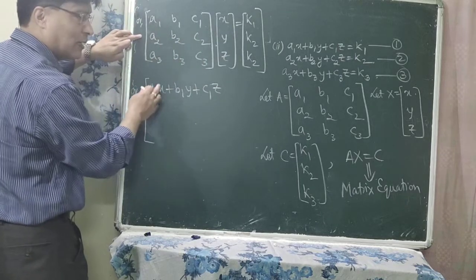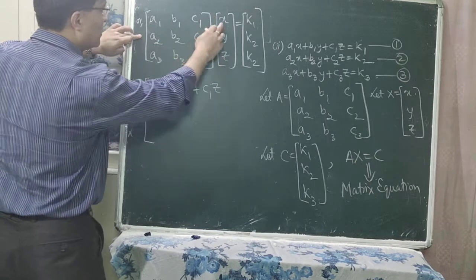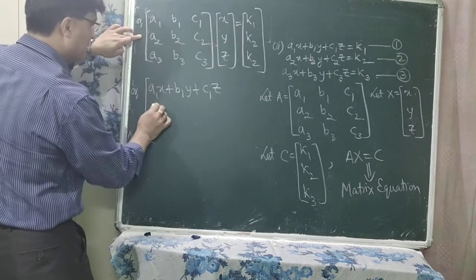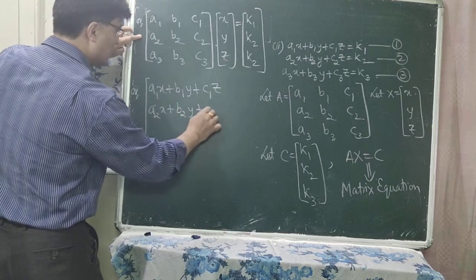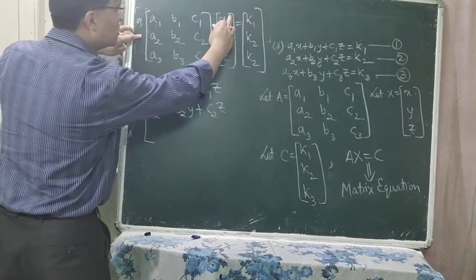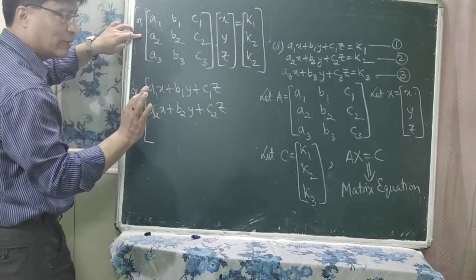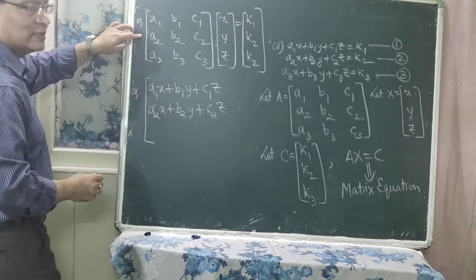Okay? Then the next step is second row by first column. Corresponding elements should be multiplied. So it is A2x plus B2y plus C2z. Right? Next, as there is no second column here, you don't have to write a second element. So there is no second element in this matrix.